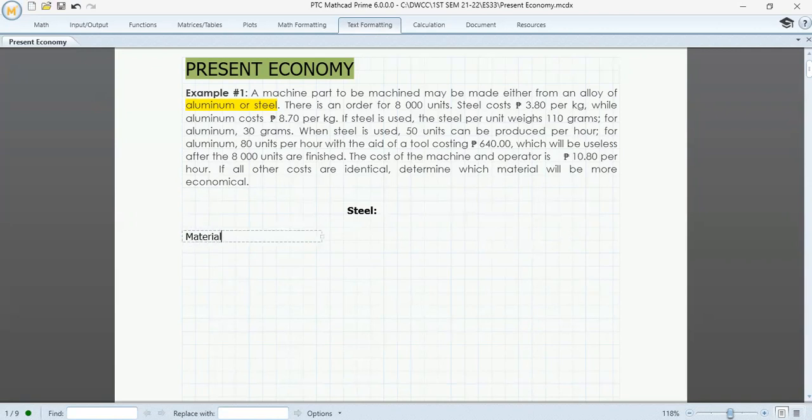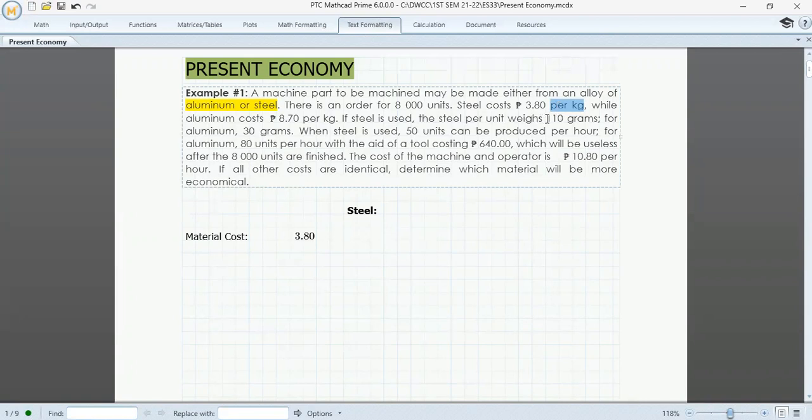We can say material cost. Magkano yung material cost natin? 3.80 pesos per kilogram. So we have 3.80. Again ha, per kilogram. Ngayon, ilang kilogram ba ang bibilhin natin? Ilang steel ang bibilhin natin?